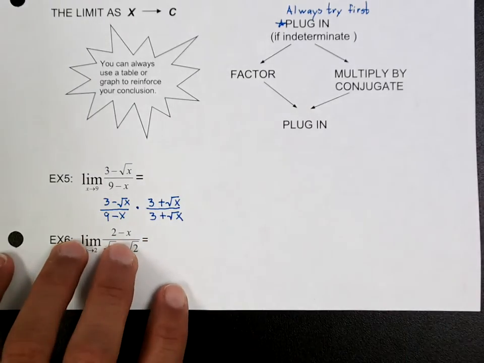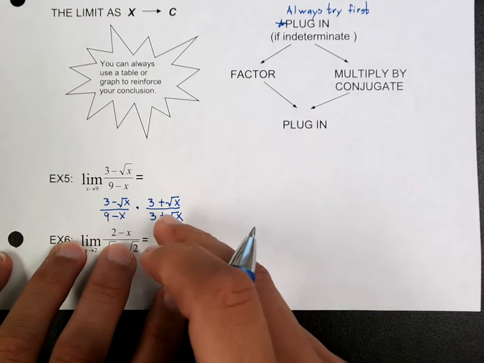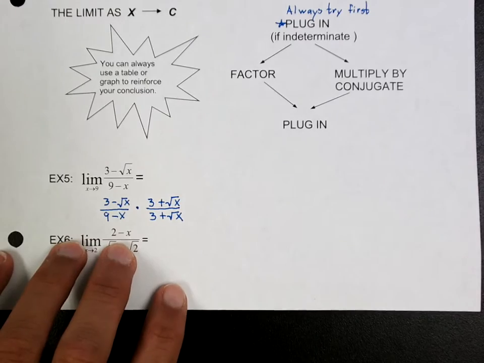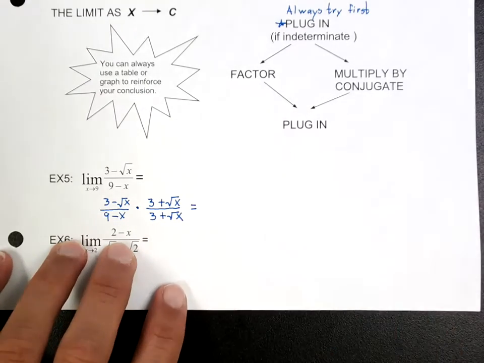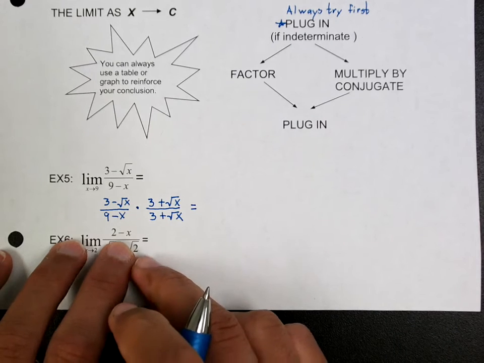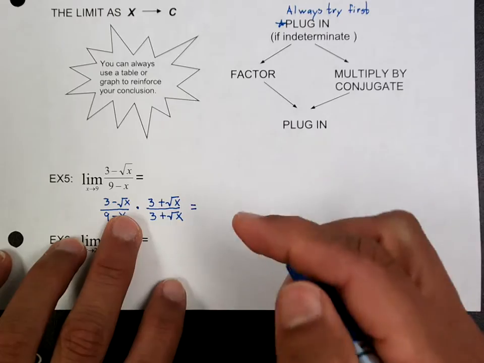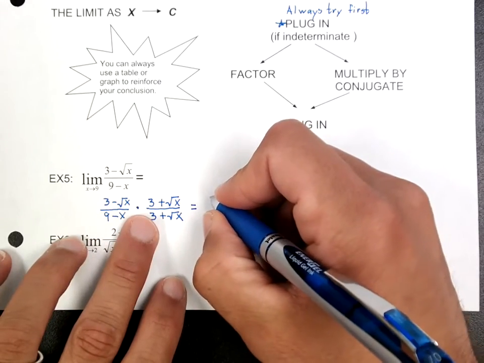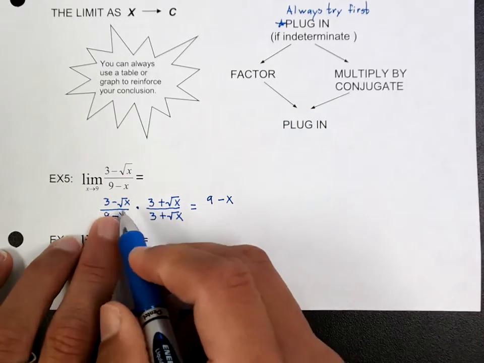Now notice that this is completely legal. This would be the same thing as multiplying times 1. Then now I'm going to multiply across here. So I would have 9 minus x. Notice that I have to FOIL here.